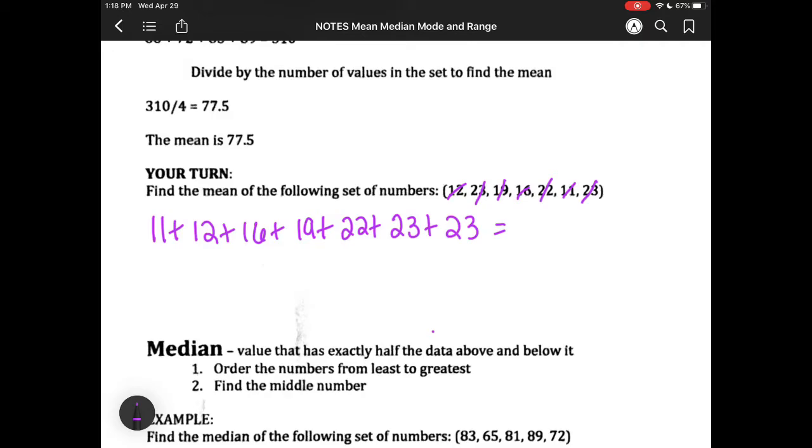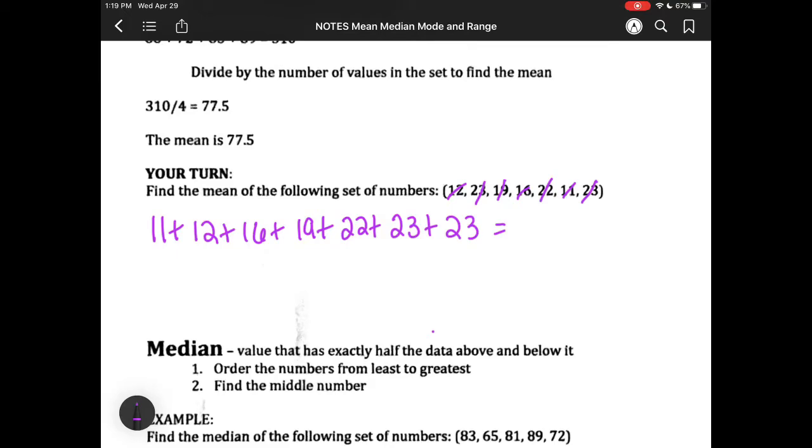Okay, so 1, 2, 3, 4, 5, 6, 7. I always double check myself and make sure however many numbers they gave me is the exact same amount of numbers I wrote down. It's really easy to mess up.